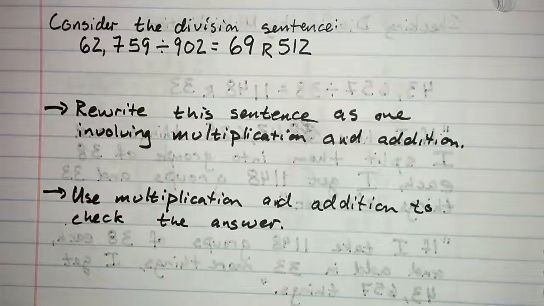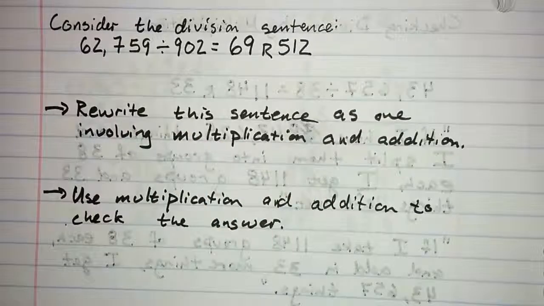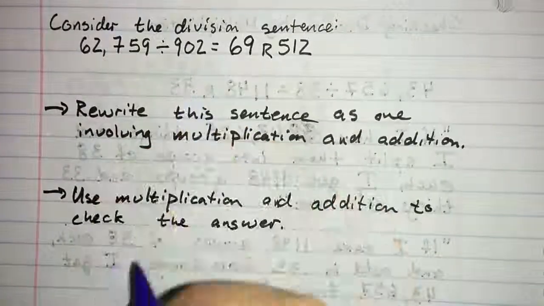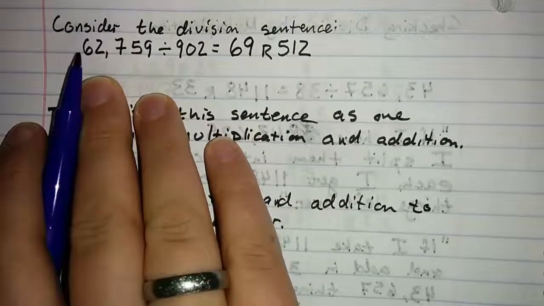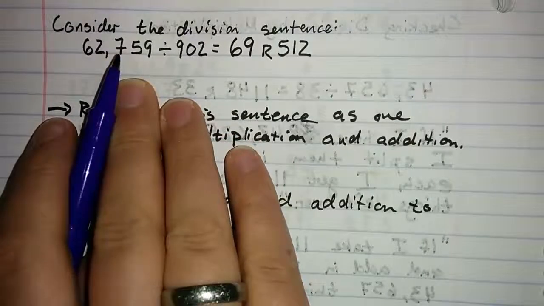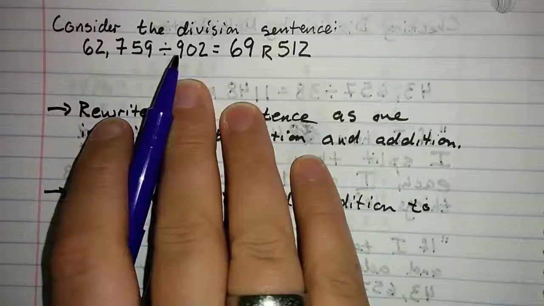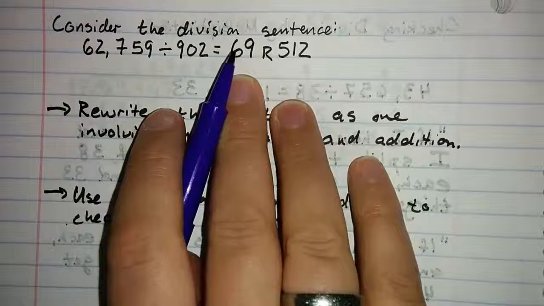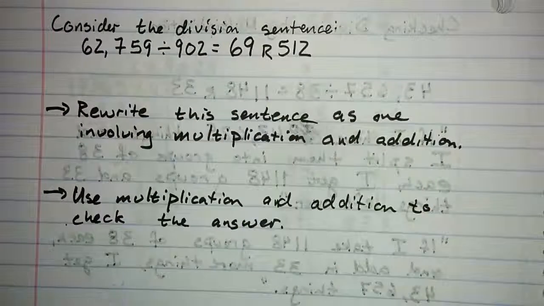Okay, first of all, what sentence involving multiplication and addition do we get? Well, if I have 62,759 things, and I split them into groups of 902, I get 69 groups and 512 things left over.